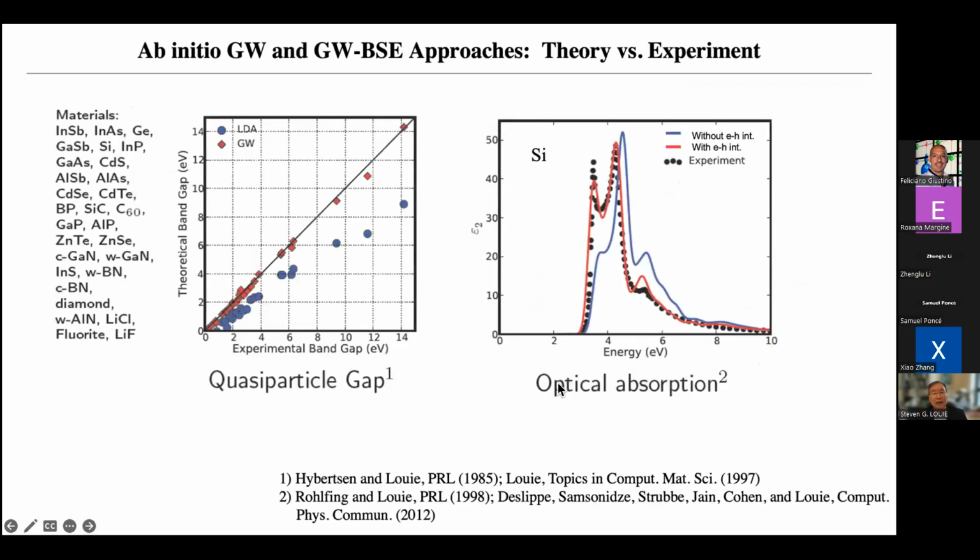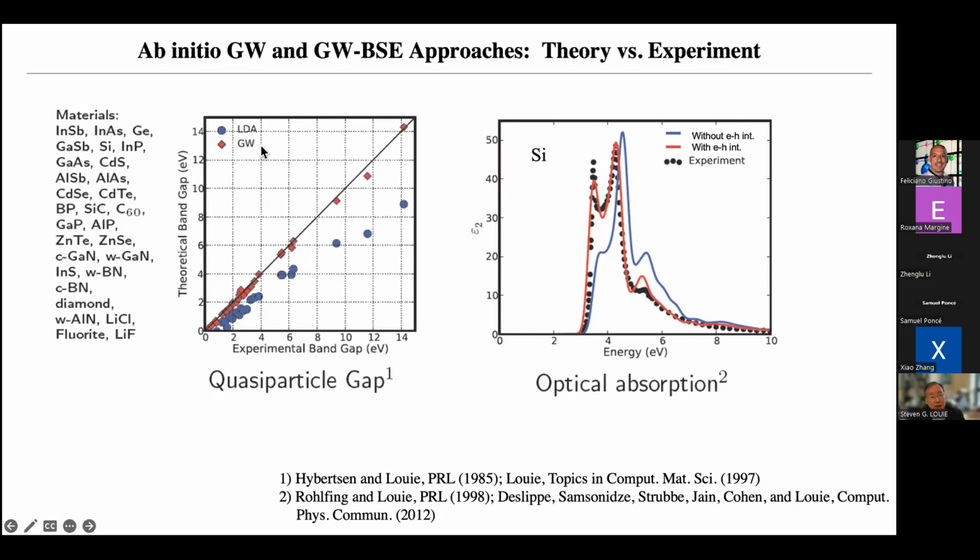So let me show you some results for this kind of calculation. Here on the left is a comparison between the calculated band gap of a range of insulating materials compared to the experimental band gap. Typically, as you know, Kohn-Sham eigenvalues underestimate the band gap of insulating materials.